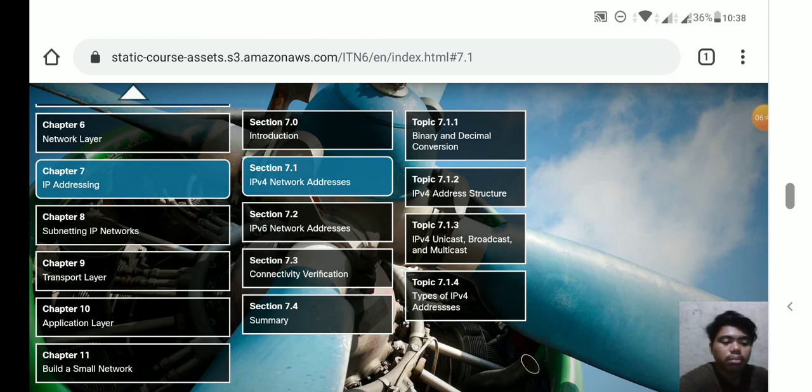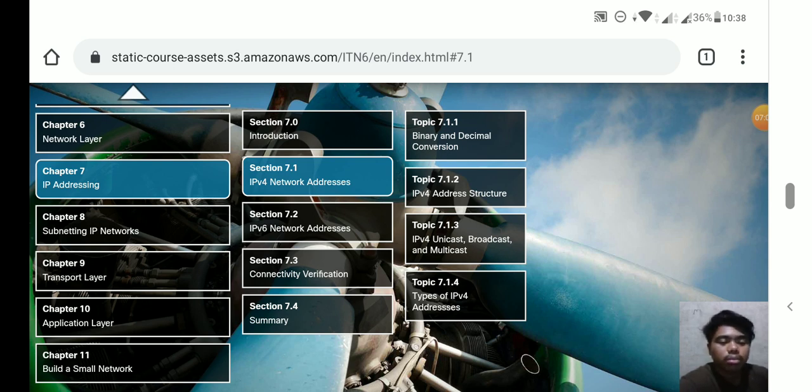Then we have the dynamic. The other one, as I've said, is static. Now it's dynamic. Most networks use Dynamic Host Configuration Protocol, DHCP, to assign IPv4 addresses dynamically. Then the DHCP server provides an IPv4 address, subnet mask, default gateway, and other configuration information.